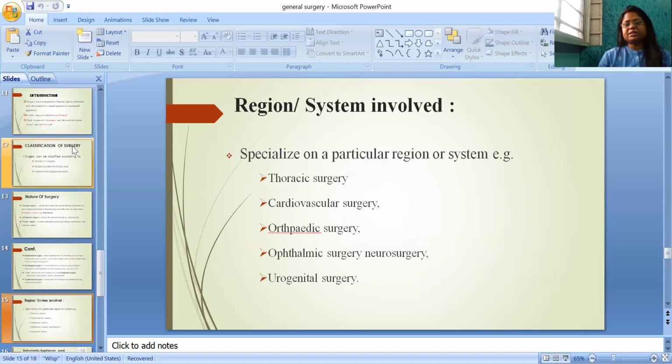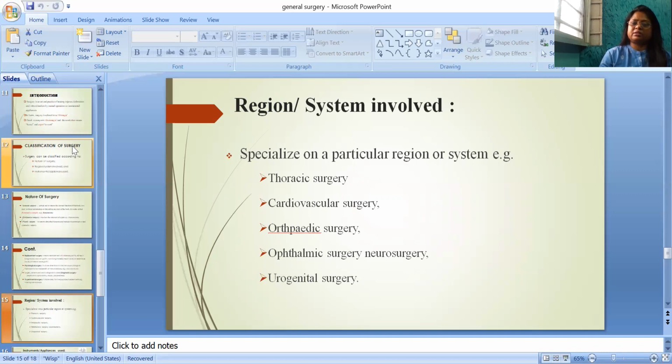Then ophthalmic surgery, neurosurgery, and urogenital surgery. These are related to a region or system.